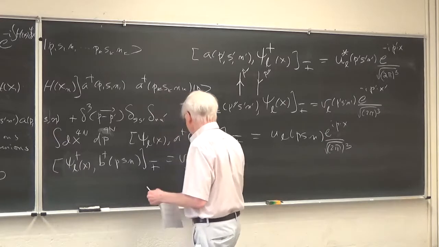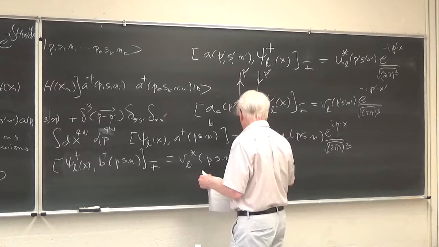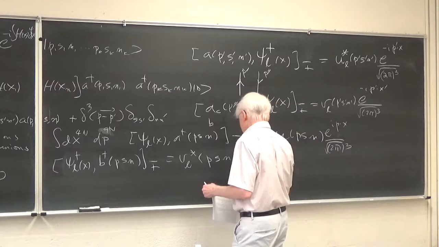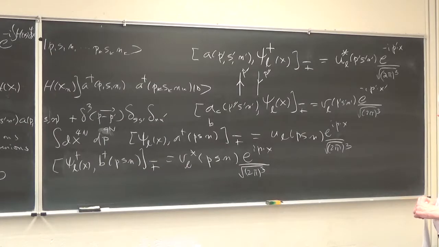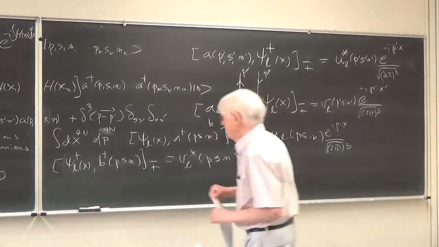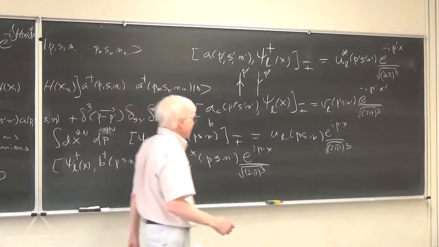And so this is VL star of PSN e to the I P dot X over root 2 pi cubed. I'm just wondering if I have the sign right there. No, I don't think. Okay, let's just see. Psi L. Yeah, that is the right sign.